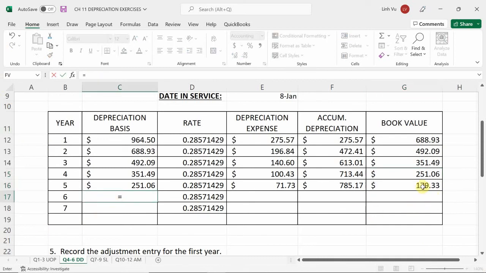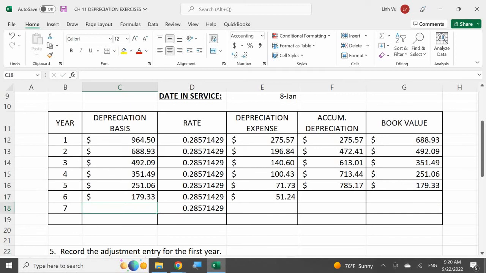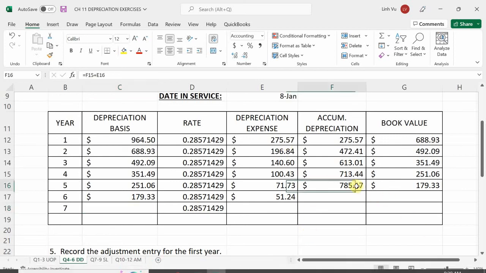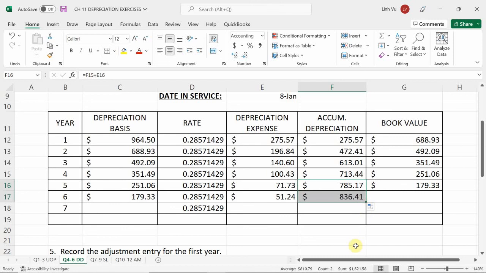Oh, Excel already calculated for me. So you should have $31.24. So that will be $836.41.